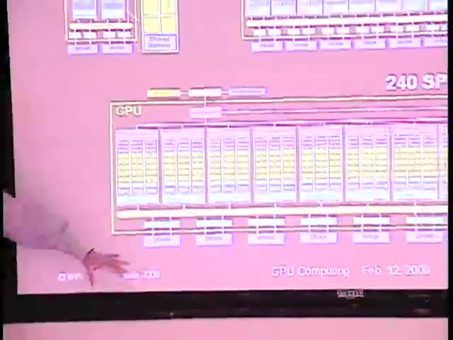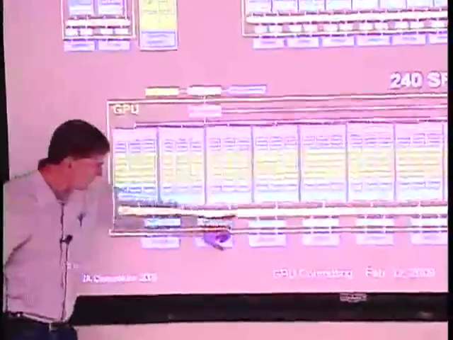And then inside there's this interconnection network. You can think of it as like a big crossbar switch, but it's really a packet switch. It's routing packets.